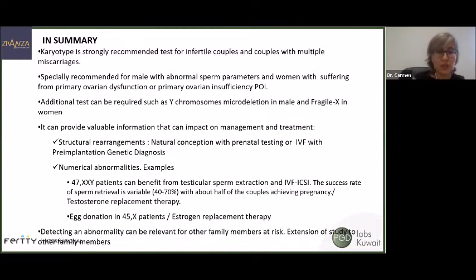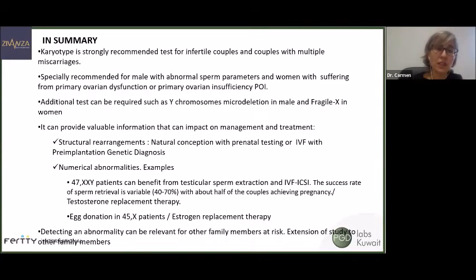Also, these patients can benefit from testosterone replacement therapy, etc. If we detect Turner syndrome, a 45X patient, we can offer them egg donation. They can be mothers with egg donation, and also they can benefit from estrogen replacement therapy, etc.